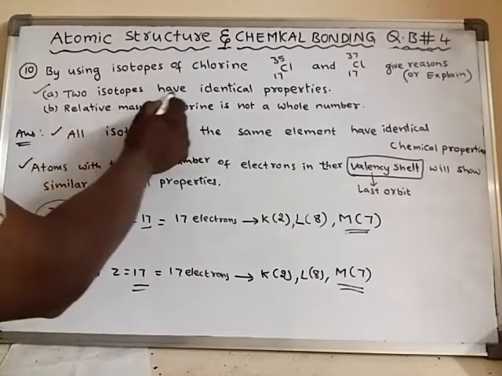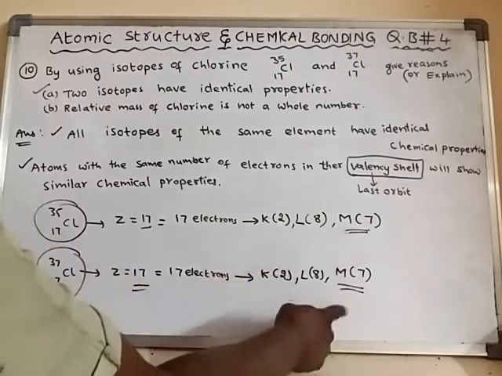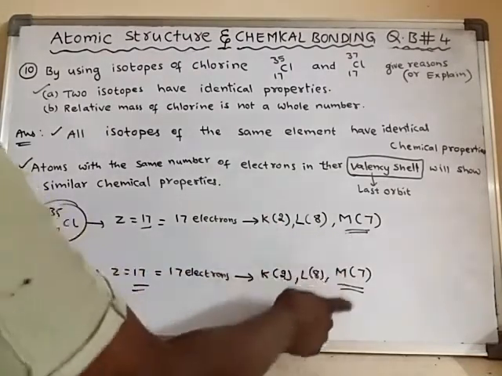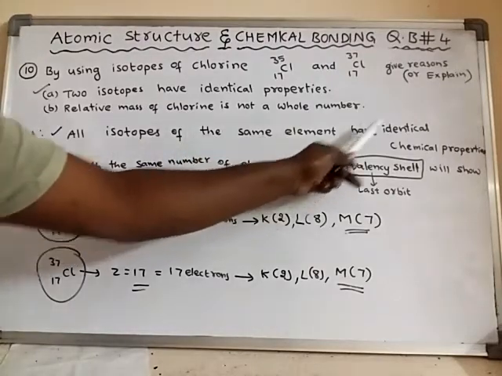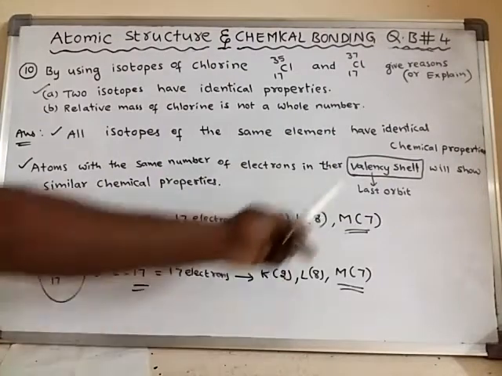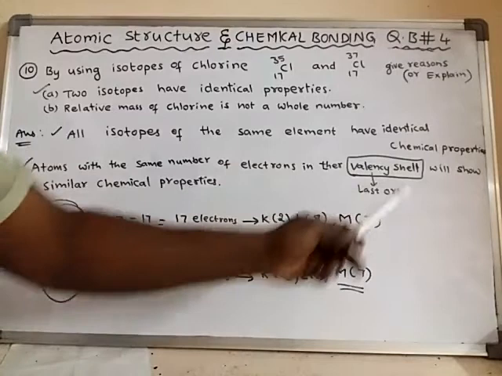So two isotopes have identical properties. Why? Because they have the same number of electrons in their valence shell. When two isotopes have the same number of electrons in their valence shell, they show similar properties. Always remember that all isotopes of the same element will have identical properties, because they have the same number of electrons in their valence shell.